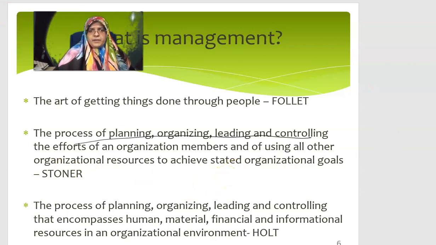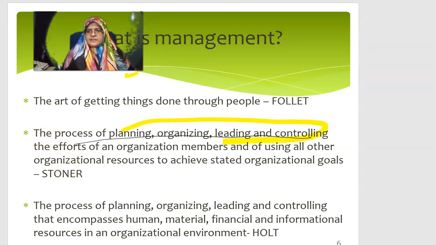Okay, I'll be repeating this again. So the process of planning, organizing, leading and controlling. Okay. Can you see this? 4 keywords here. Right. And the efforts of organization members, and using all other organizational resources to achieve stated organizational goals. That is by Stoner.